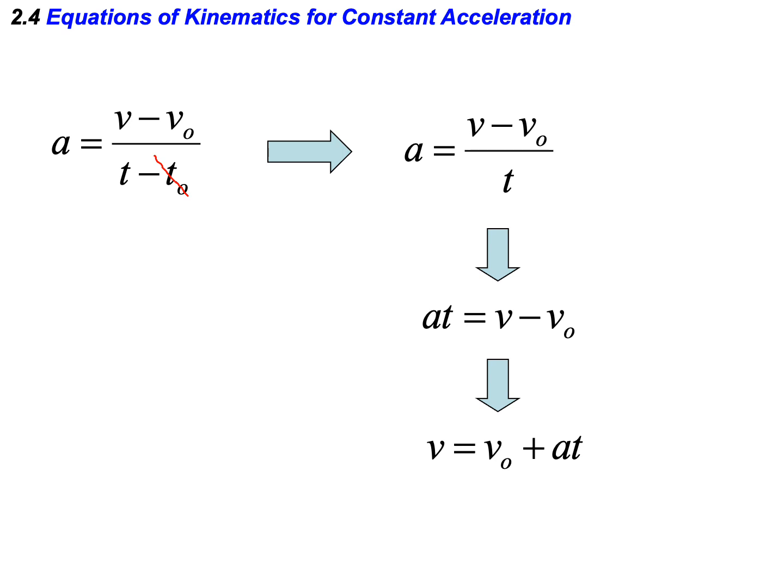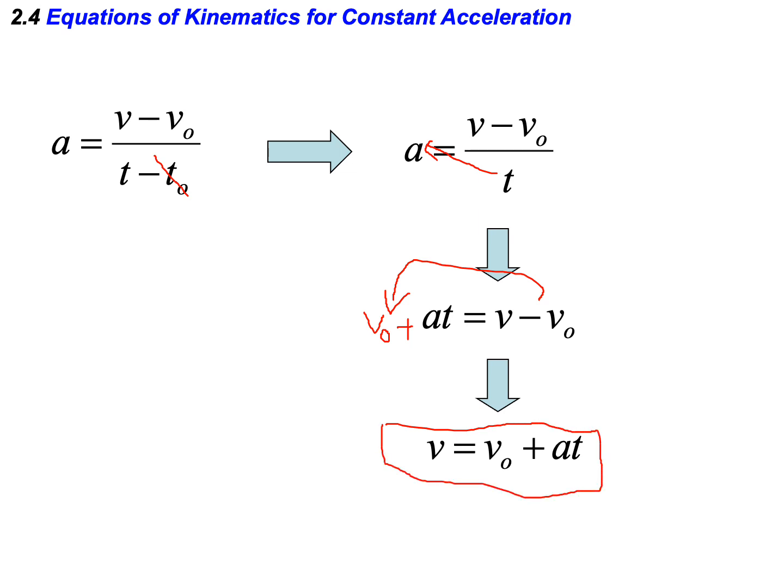So if I consider initial time is 0, then you have a equals v minus v naught over t, and if you rearrange this equation a little bit, a times t is equal to v minus v naught, and if you rearrange a little bit more, you can write v equals v naught plus at. This is your second equation.